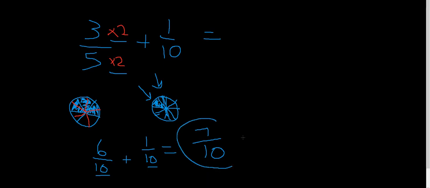So this is how you would add 2 fractions of different denominators. First, you have to find a common denominator so their size matches up. Second, you just add them like you did normally, like we did at the beginning of this video. Same thing with subtraction. We first need to make sure their size matches up, and then we can subtract like normal. Let's do one more example, and then we'll stop the video.